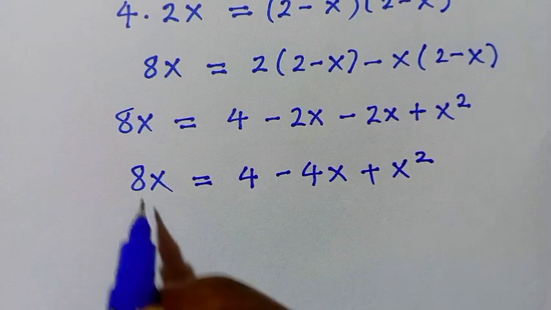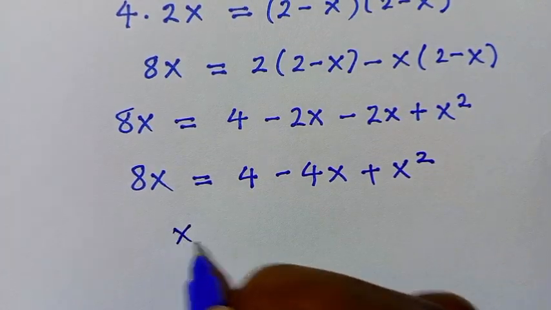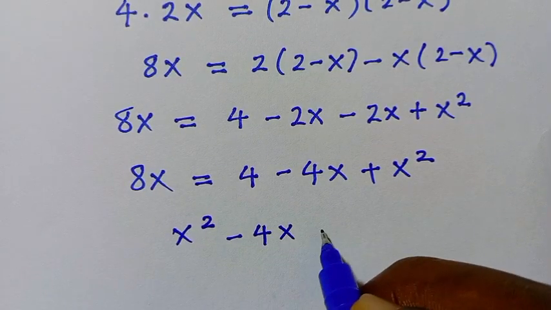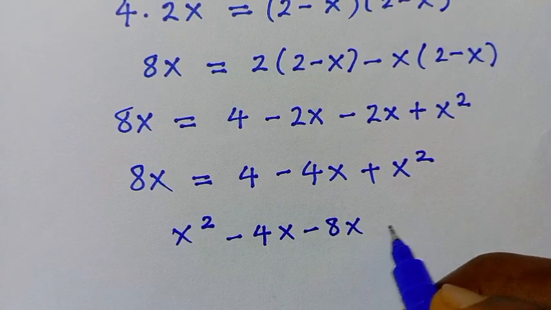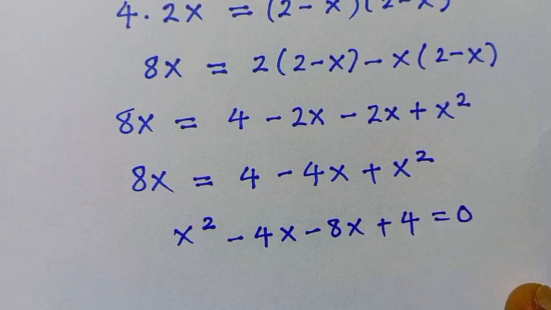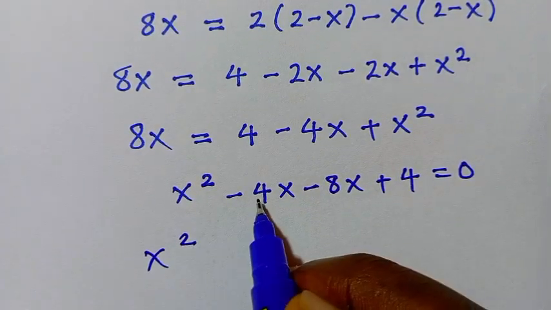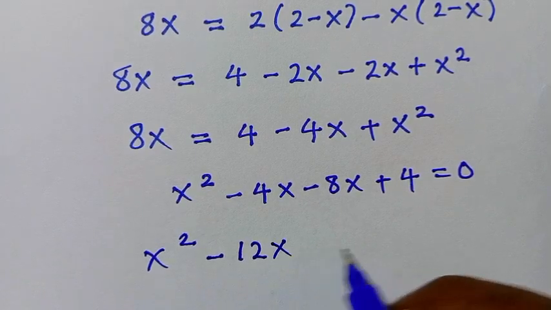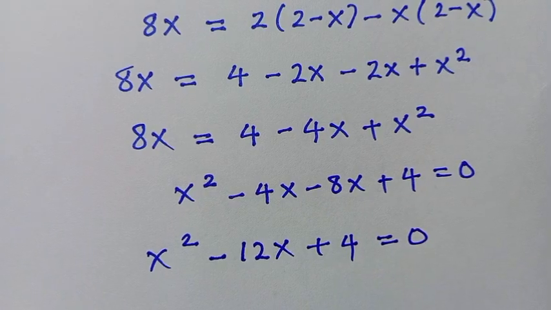So next we have to take this 8x to this side, as we have to write this as x squared minus 4x. So when this comes, we have minus 8x plus this 4 equals 0. Then we have x squared minus 4x minus 8x, that gives us minus 12x plus 4 equals 0.